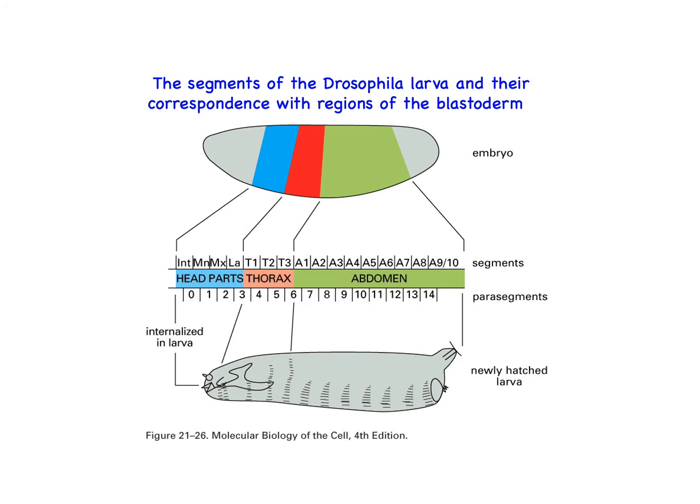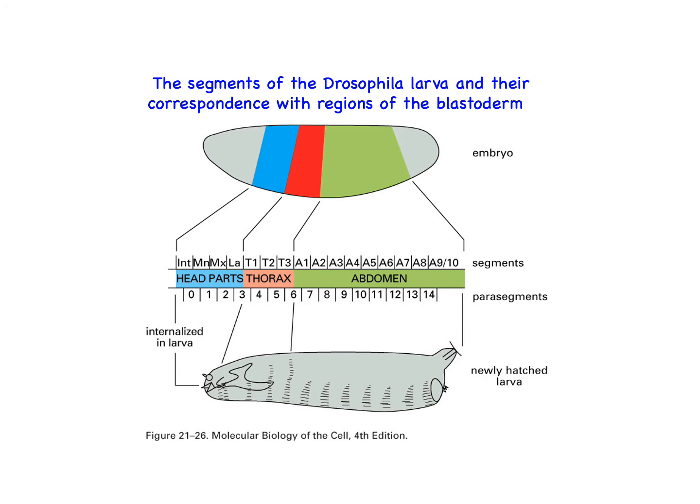Okay, so the basic idea now is to set up this axis from the anterior to the posterior end of the embryo. There's another axis going from dorsal to ventral. I'm not going to talk about that today. It uses another system that's also interesting, but I think this makes the point.